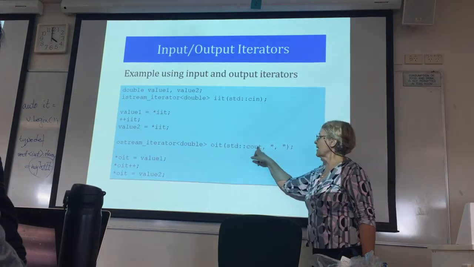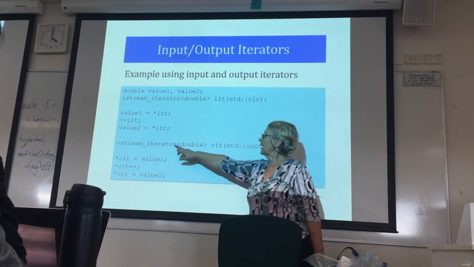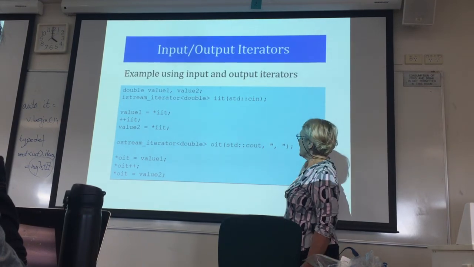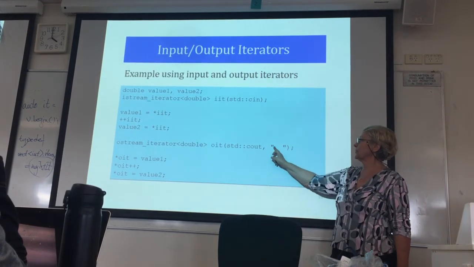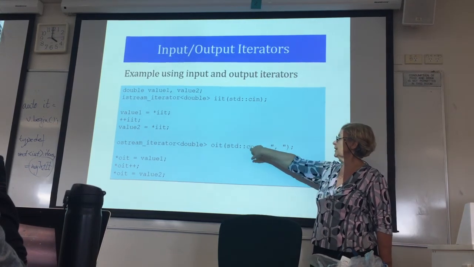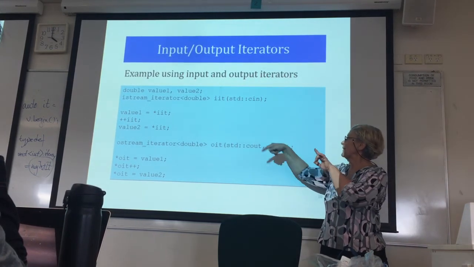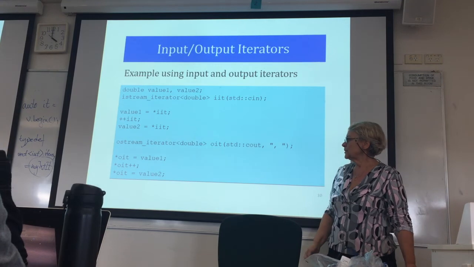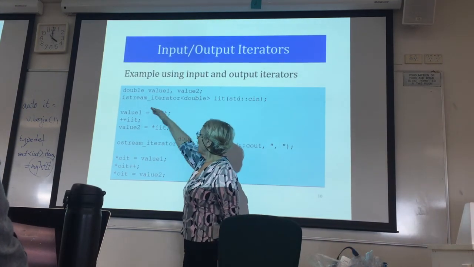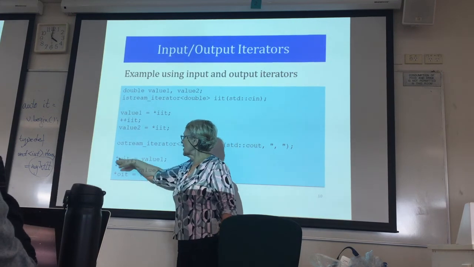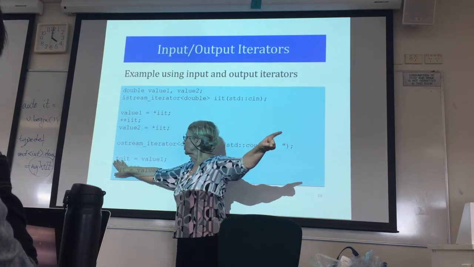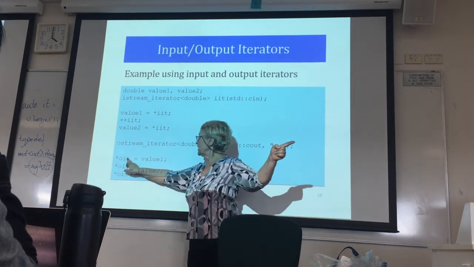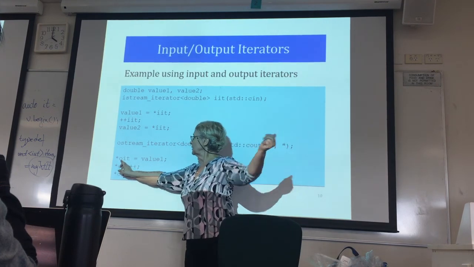If you want to display something, you have an ostream iterator, which is displaying double values. And as you can see, we put a separator here. We associate our output iterator to the standard output device, and we want to separate data by comma. You can put whatever symbol you want here. So with this, after the user has entered these values, now I can send value1 to the stream, to the monitor, with this: the OIT reference gets value1 and displays it.